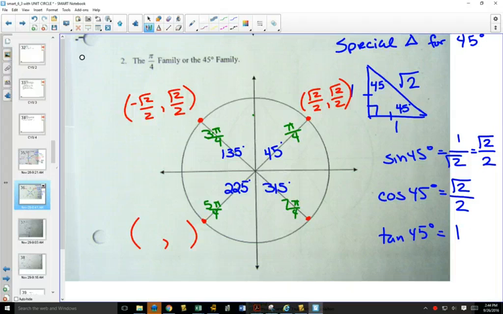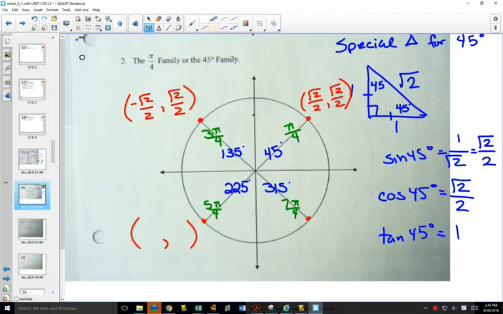You can either remember which ones are positive and negative according to your cast rule, because cos is negative in quadrant 2 and sine is positive. Or you can just think about coordinates. If I have a point in quadrant 2, does it make sense that my x coordinate is going to be negative and my y coordinate has got to be positive? And that also relates to the cast rule of where things are positive and where things are negative.